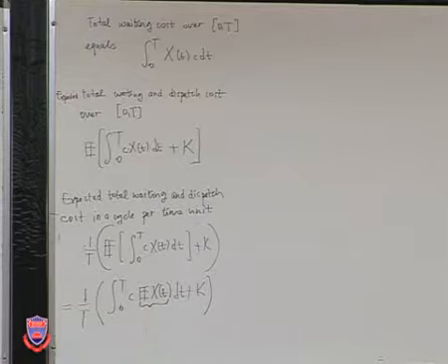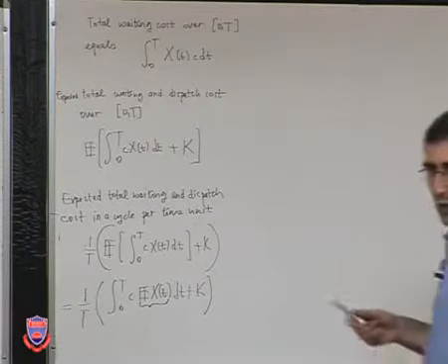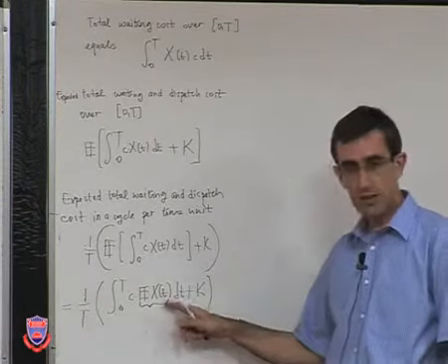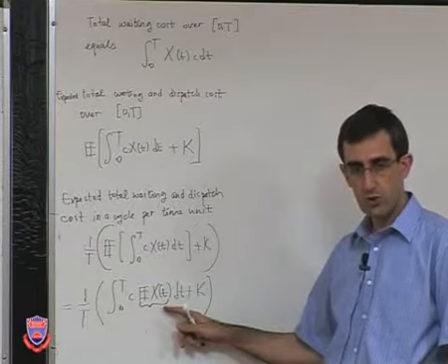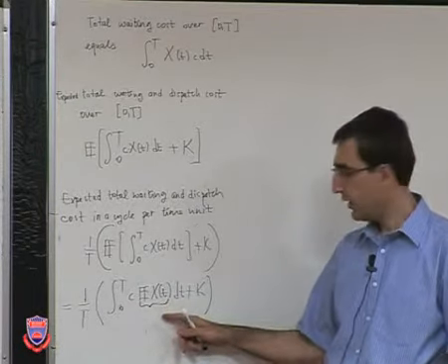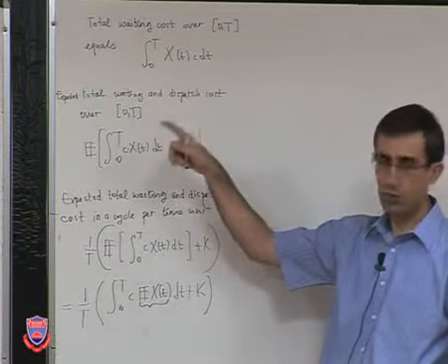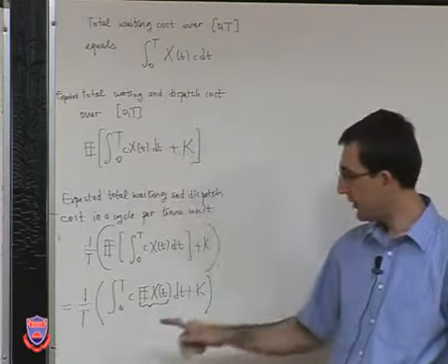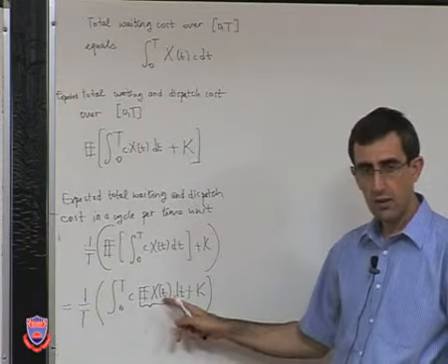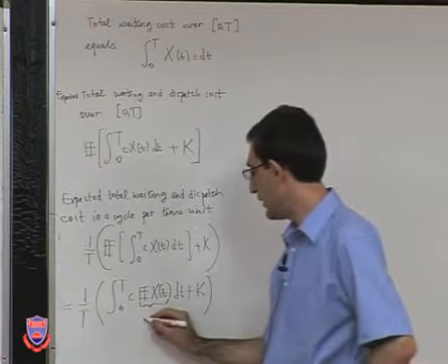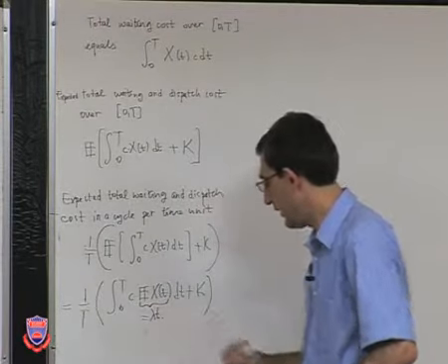Lambda t, because x(t) has a Poisson distribution with mean given by the rate of the Poisson process, which is lambda times time t. So this is lambda times t.